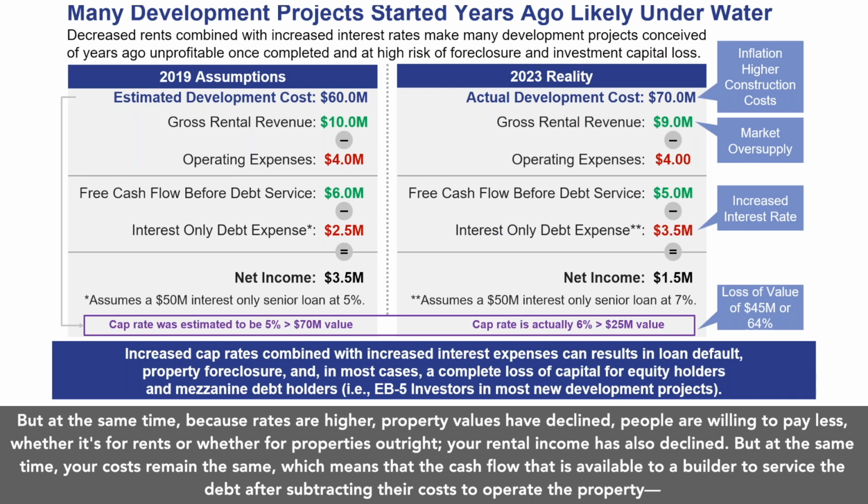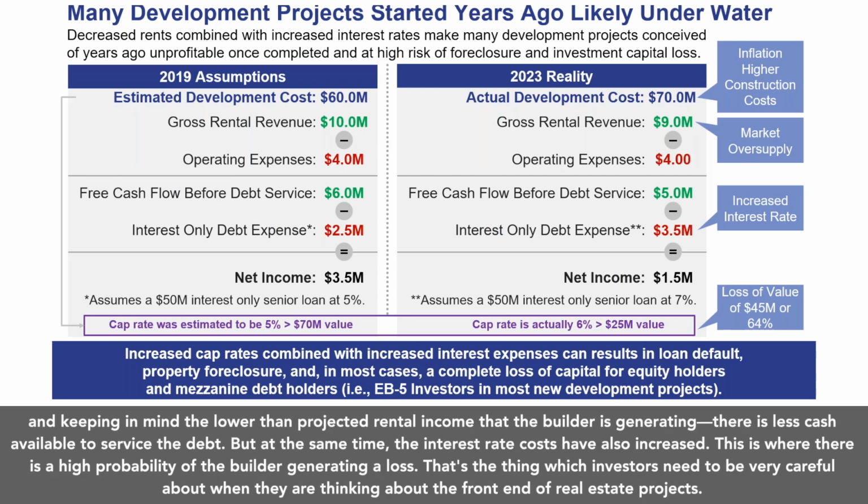But at the same time, your costs remain the same, which means that the cash flow available to a builder to service the debt, after subtracting the costs to operate the property and keeping in mind the lower than projected rental income, is a lesser amount.